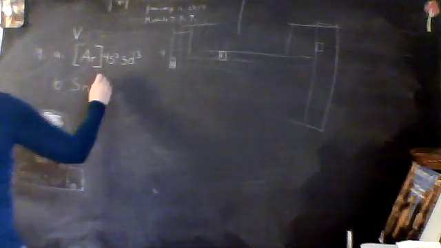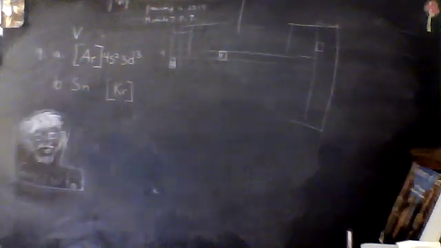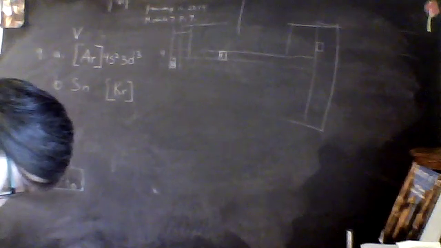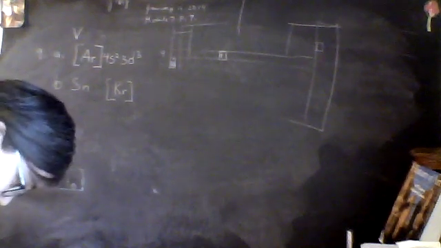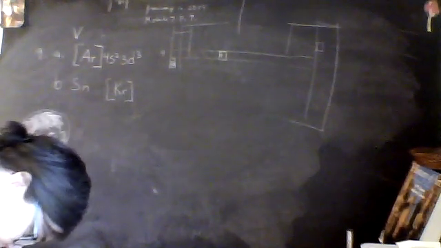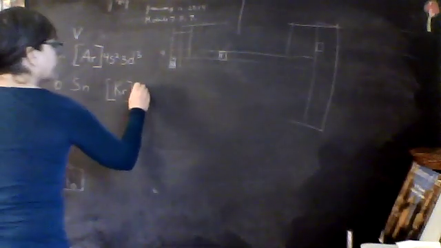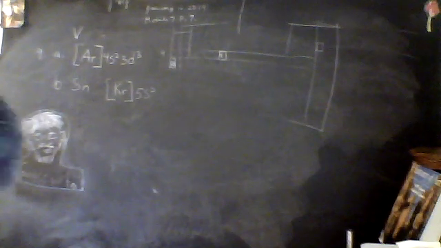Okay, so it would be Kr. So then what do we come to? We come to 1, 2, 3, 4, 5. Yeah, 5. So we say 5s2, right? That's rubidium and strontium.